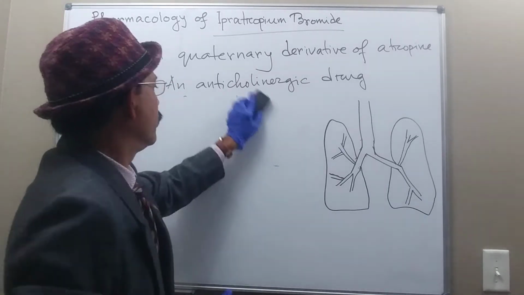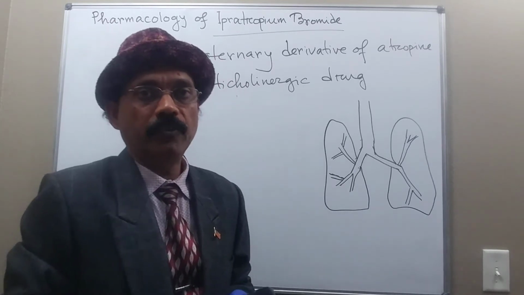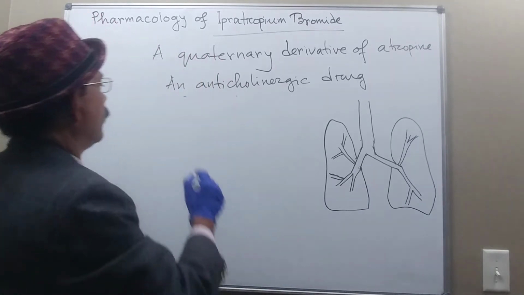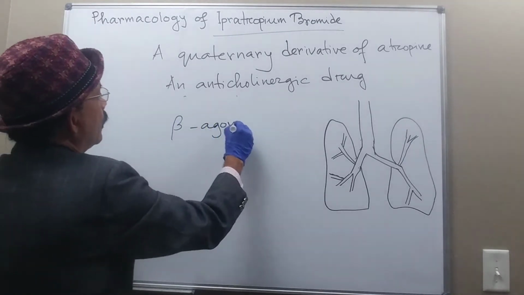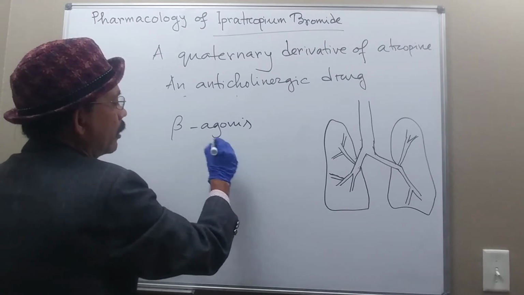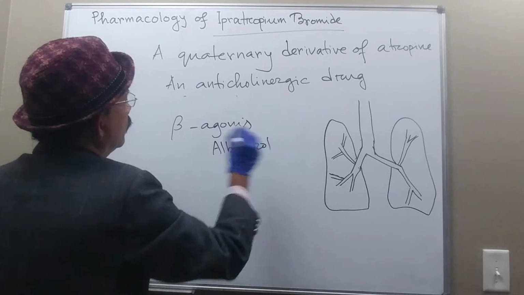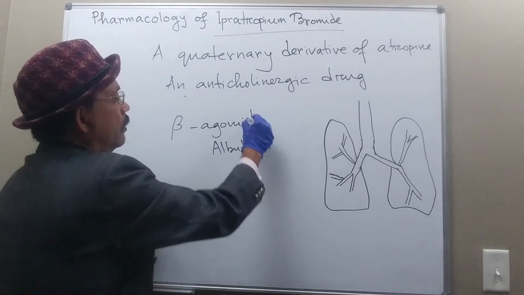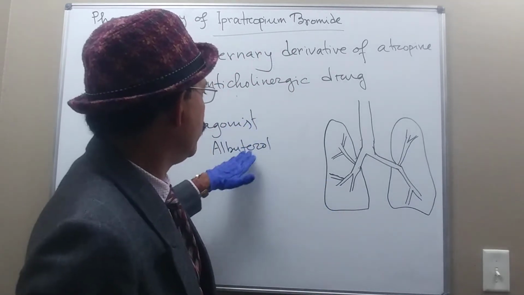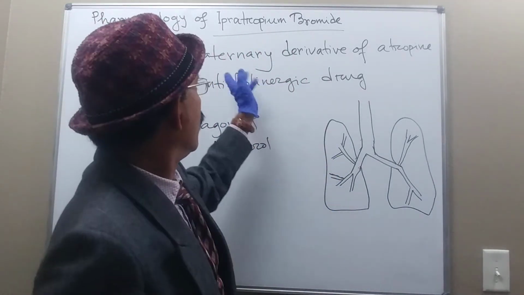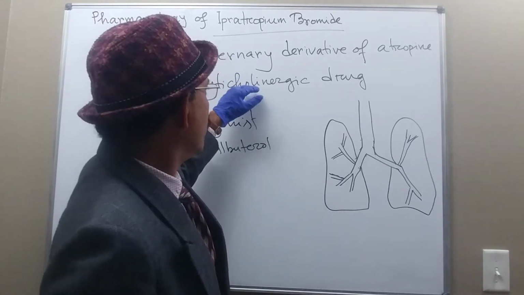Okay. So it is used in case of bronchial asthma. For bronchial asthma, we have other drugs like beta agonists, such as albuterol and salbutamol. They work on different receptors on the smooth muscle. These are bronchodilator agonists, but this drug is a muscarinic inhibitor.